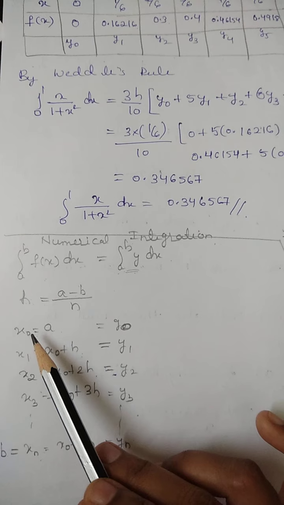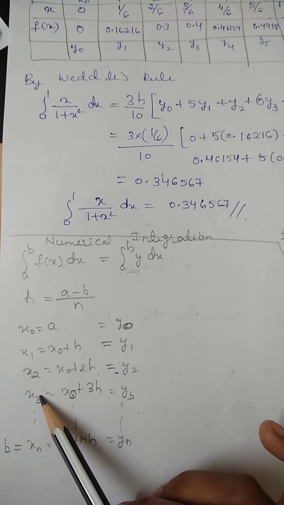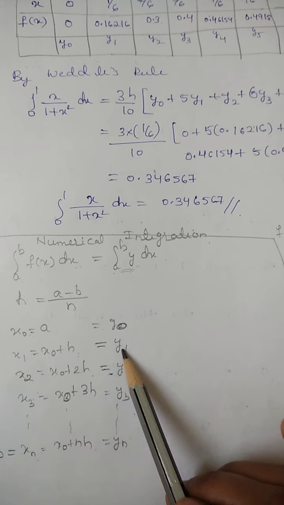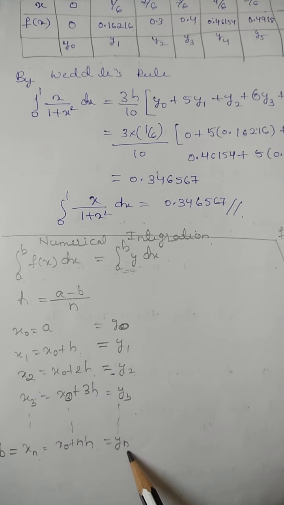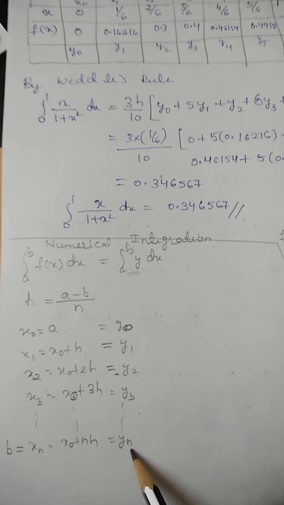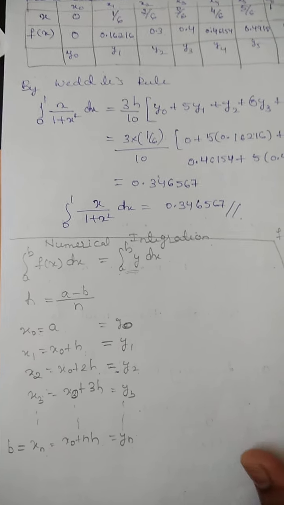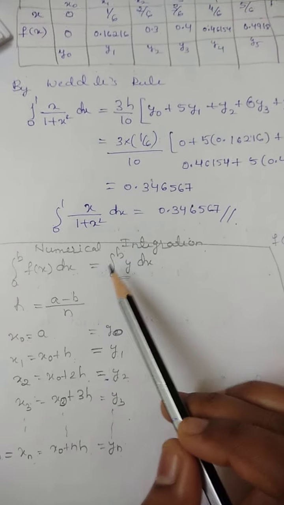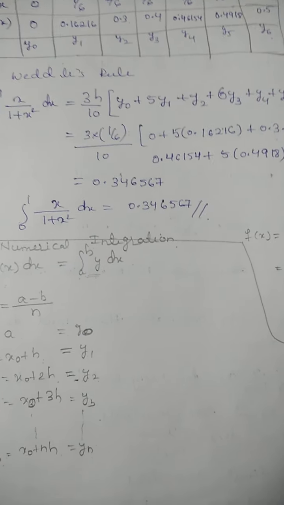Now using the values of x0, x1, x2, we find the values of y0, y1, y2, y3 and so on up to yn. This way we evaluate any integral using numerical methods.